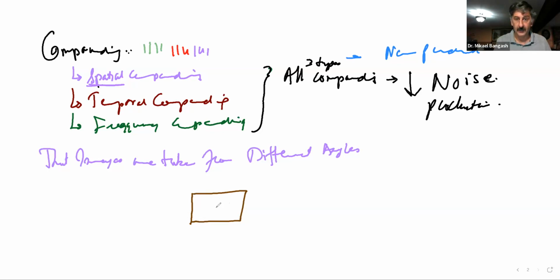One angle will be like from this. Although physically the transducer is still going to be here, one direction from which it may be scanning is from here, and the other direction from which it may be scanning is from here.